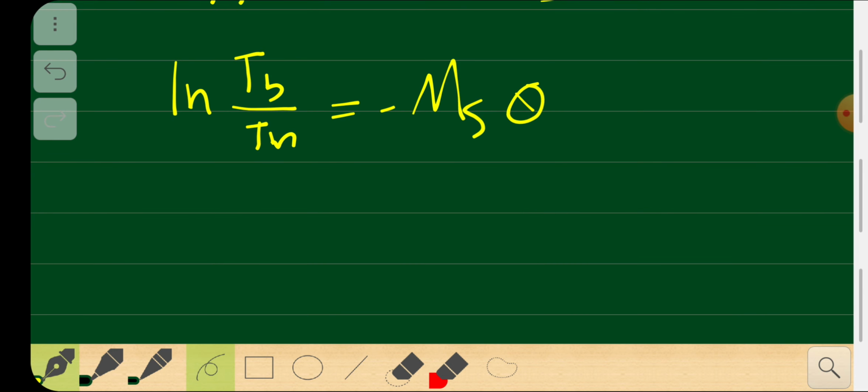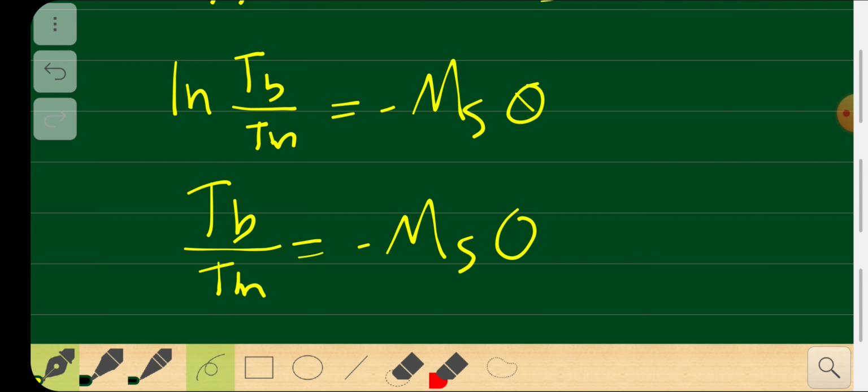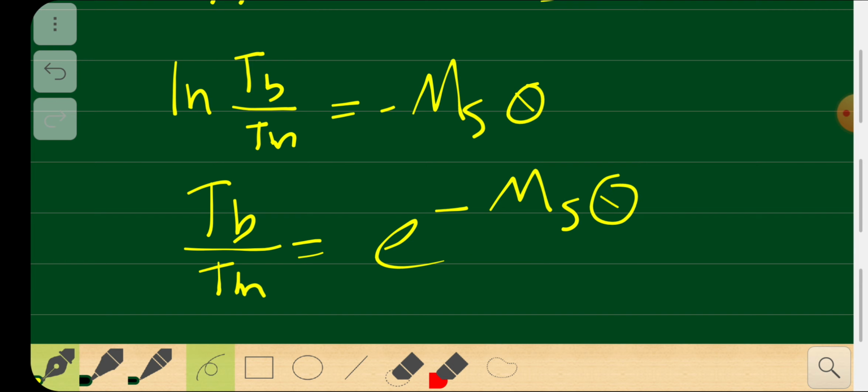Now again you can simplify this, so you can take the exponential on both sides. Exponentiate. So it will be e raised to minus mu s theta, right?